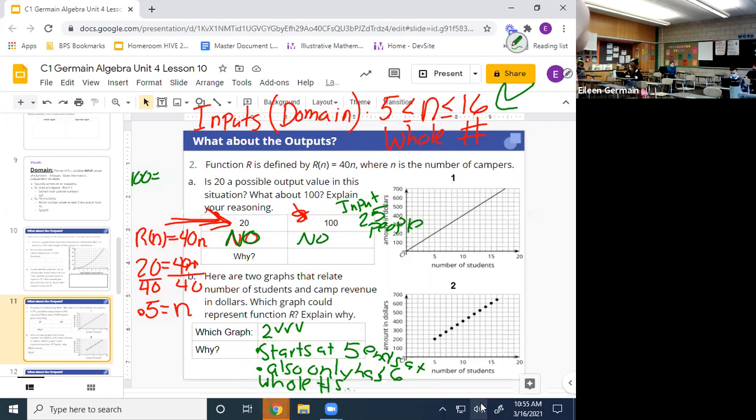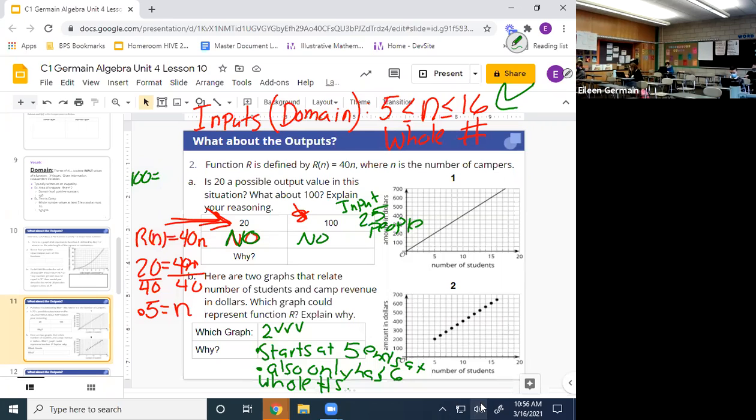What graphical feature tells me that we only are using whole numbers here? The fact that it's what, Junior? Discrete points. Very good. So when we're talking about whole numbers, our graph is going to have to look like discrete points instead of a connected line. Good, good, good job there, Junior.